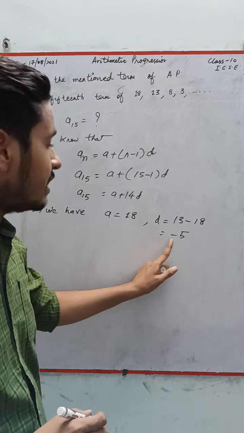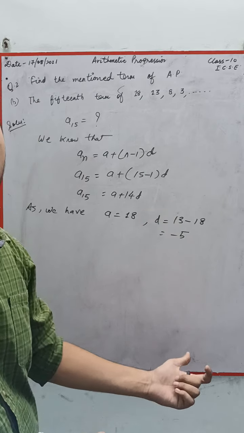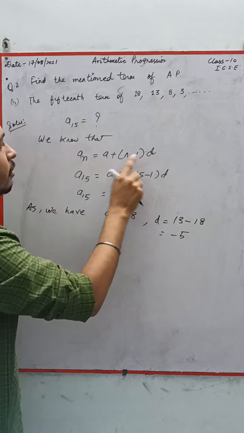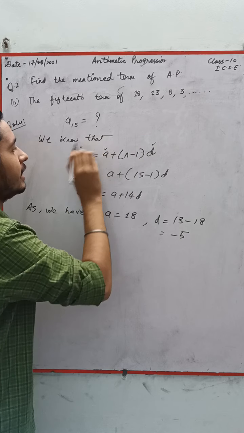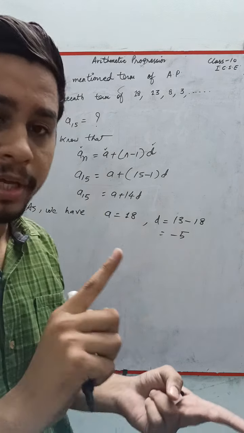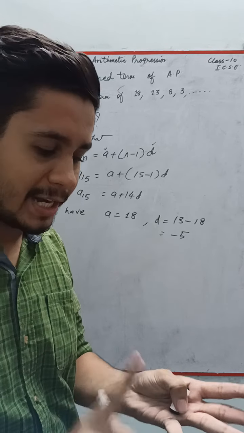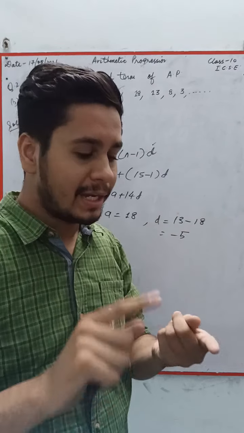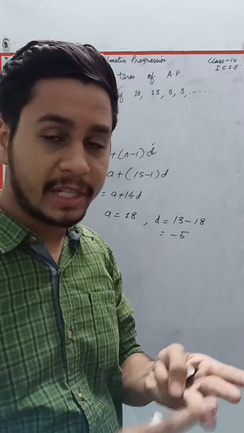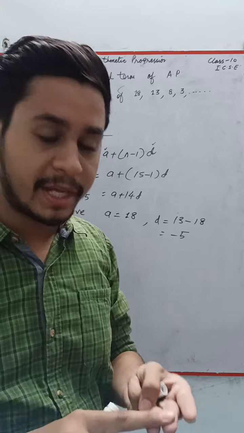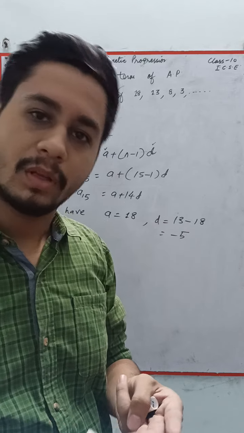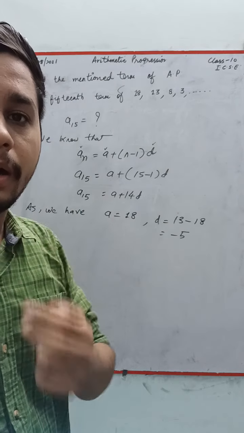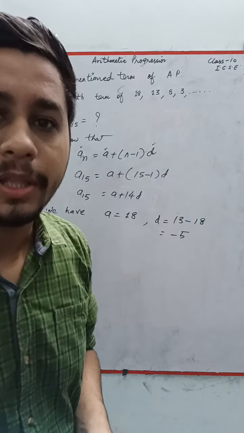d can be negative also. Always remember a, d and an, in this formula, they can be positive, negative, fraction, decimal, anything. Write this thing at the top of the copy that a, an, d can be positive, negative, fraction, but n will always be a natural number.